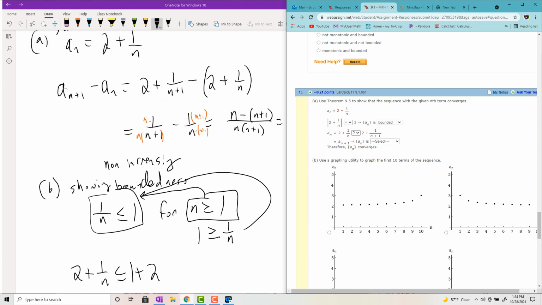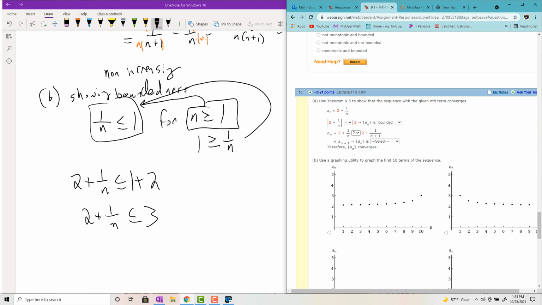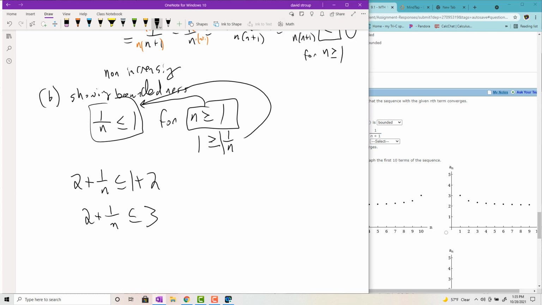It's bounded above and below. Because, okay, so they did an absolute value, that would have been like this. And then they just added 2 on both sides. And then 2 plus absolute value of 1 over n is the same as absolute value of 2 plus 1 over n, because 2 and 1 over n are positive.